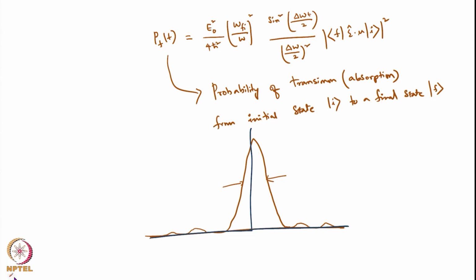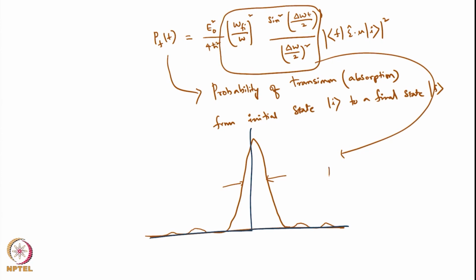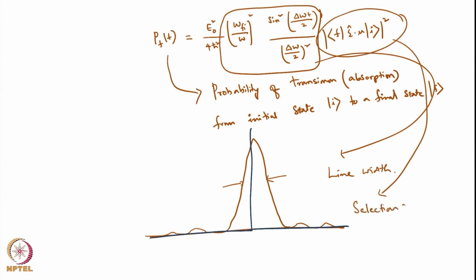And the line width comes from this function, and this function will tell us selection rules, and this will effectively tell you intensity.